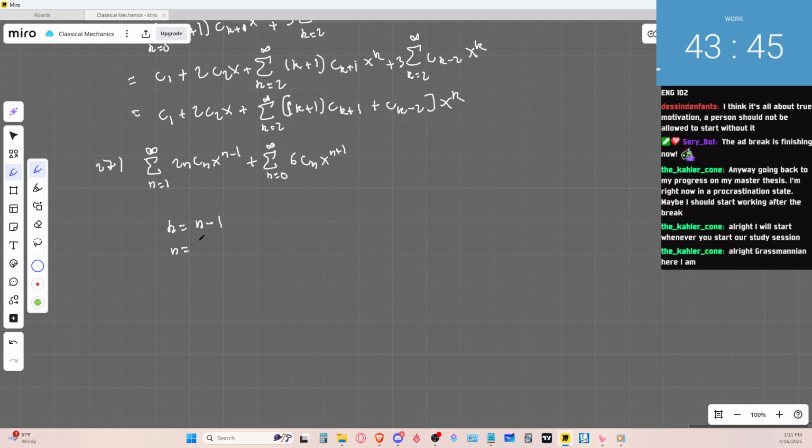That means n is going to equal n plus 1, and in this case n is equal to, oh wait, what am I doing? No. K is equal to n plus 1, so n must equal k minus 1.